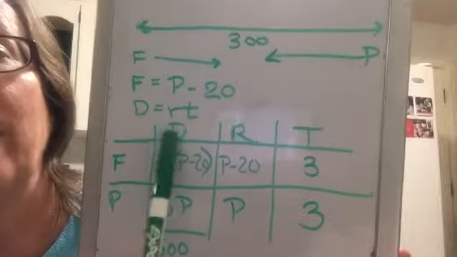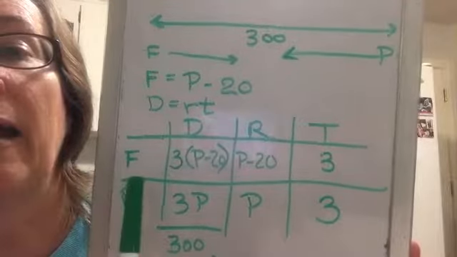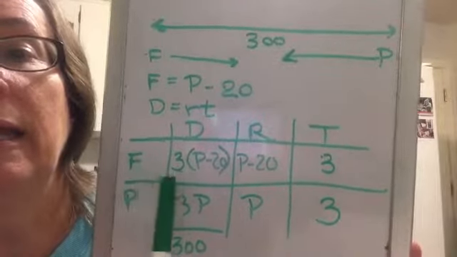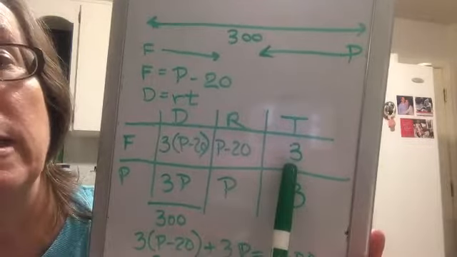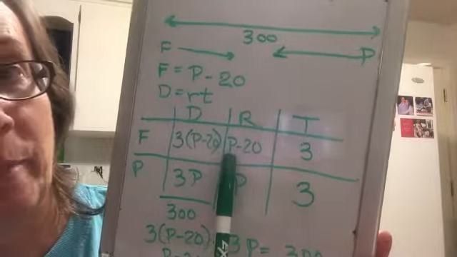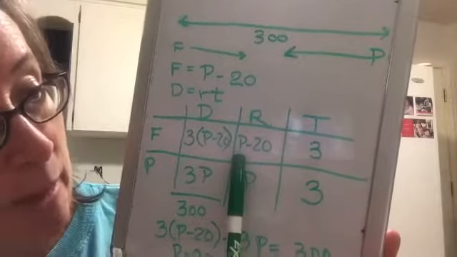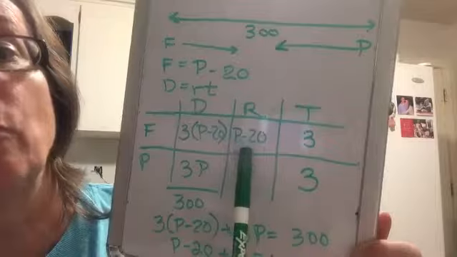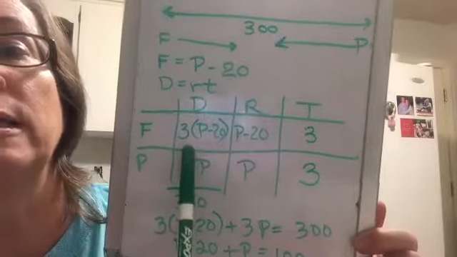But I have distance, rate, time, and I have the freight train is going to be going 3 hours before he meets the passenger train. He's traveling at a rate of passenger train take away 20. We don't know what that is. But distance is rate times time. So I multiply the rate and the time together to get this one right here.